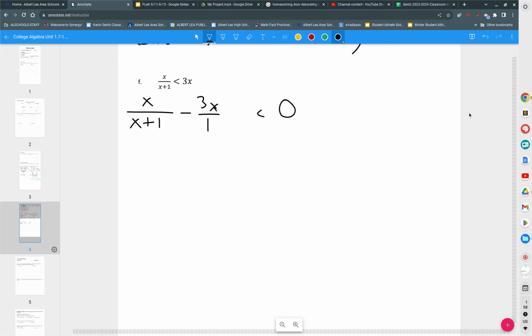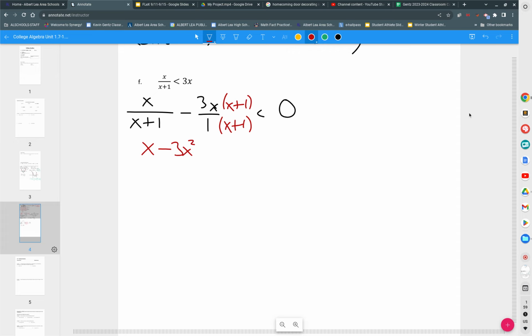Now what? Common denominators. I'll multiply the top and bottom by x plus 1. I have x. And then what? Minus 3x squared.